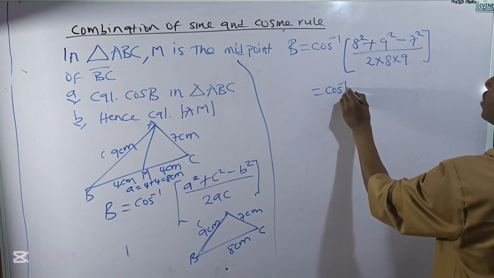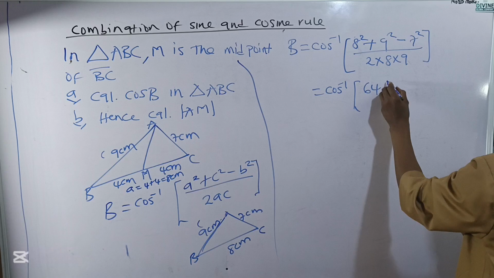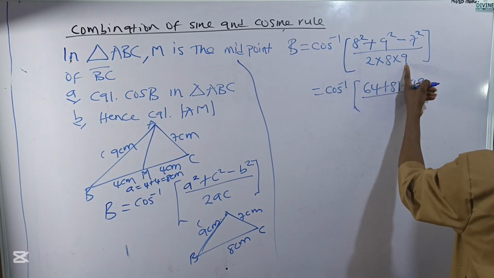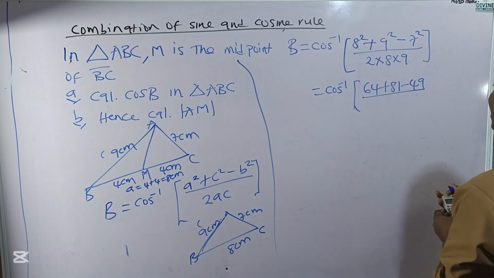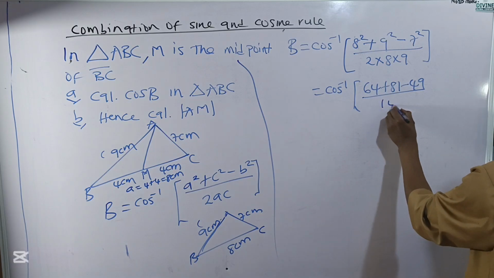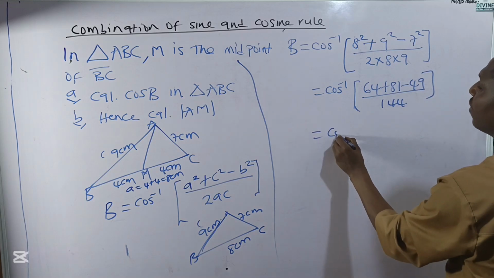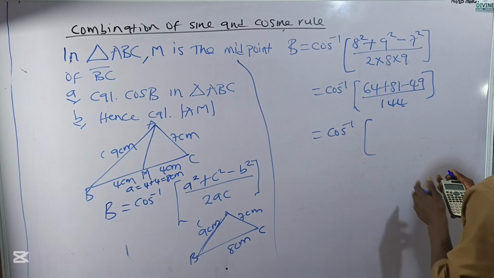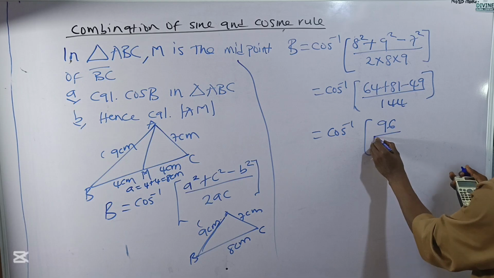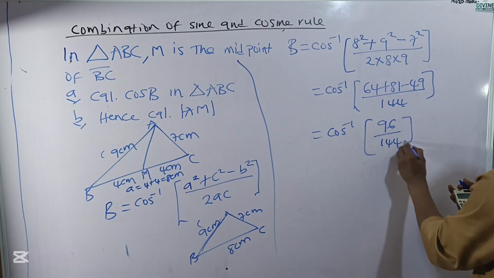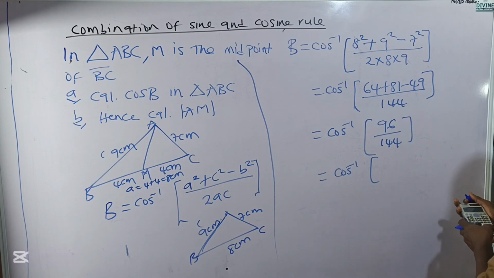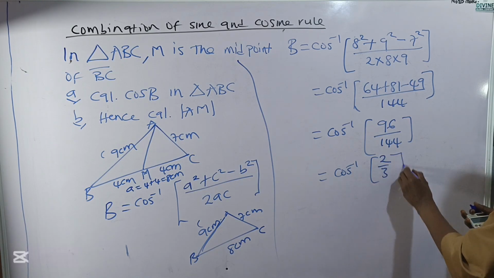So I have cos inverse of 8 squared is 64, 9 squared is 81, 7 squared is 49, all over 2 times 9 is 18, and 18 times 8 gives 144. So cos inverse of 64 plus 81 minus 49, giving 96 over 144. If I break down 96 divided by 144, that gives me 2 over 3.